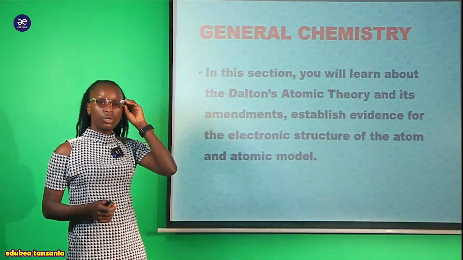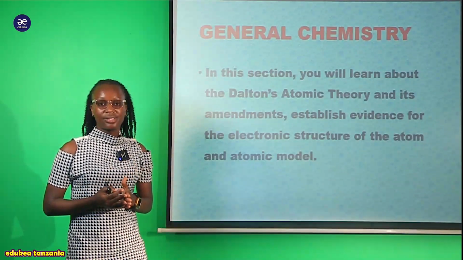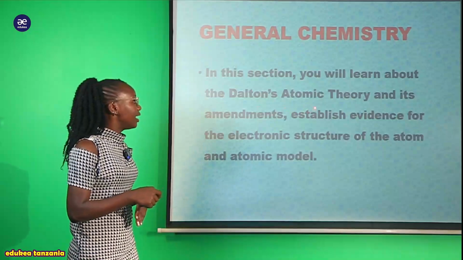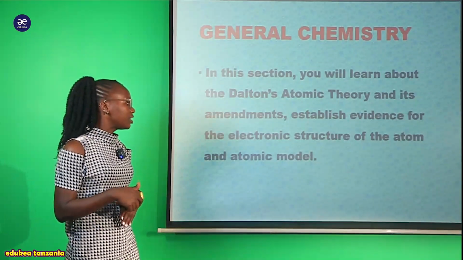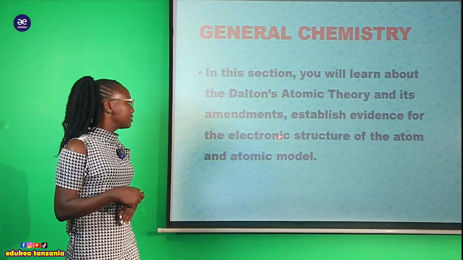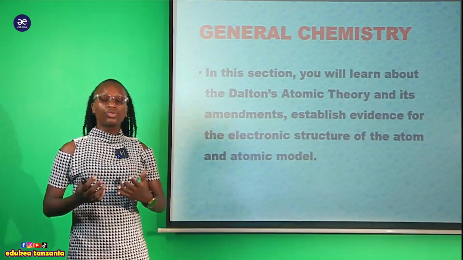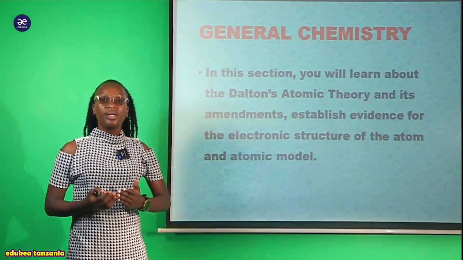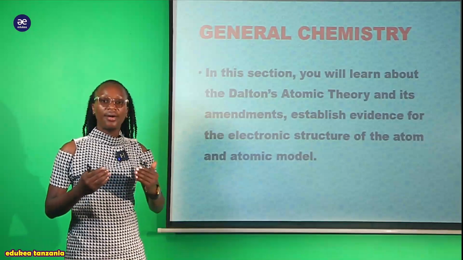But also we are going to look at the amendments toward the structure of the atom, but also the evidences that aim to show how the atom structure looks or is arranged.